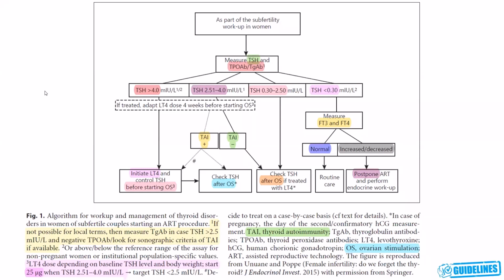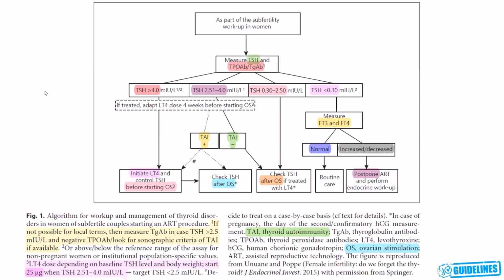In this situation, I will recommend starting levothyroxine at a small dose. But actually, guidelines do not recommend starting levothyroxine if TSH is less than 4 and thyroid autoimmunity is negative: TPO antibody negative, TSH receptor antibody negative, and TG antibody negative.